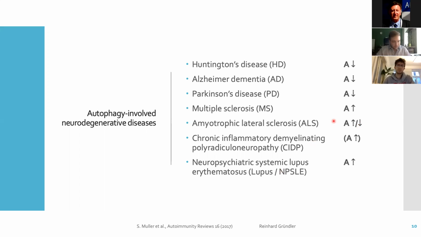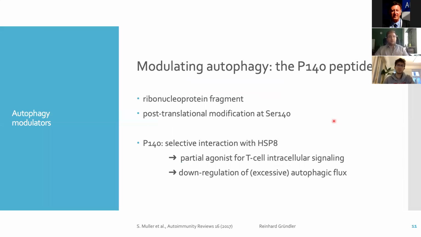Autophagic influence on these processes is a rather new study field. Or the study field is not relatively new, but the therapeutic approaches are relatively new. So, as how to influence these processes. But Muller et al. have synthesized a peptide in which they try to do exactly that, to modulate autophagy.